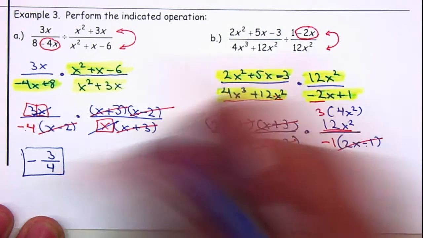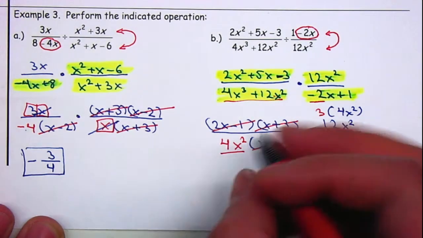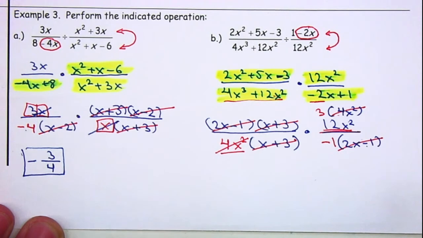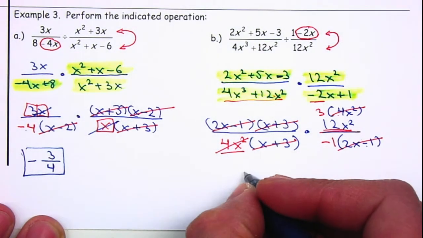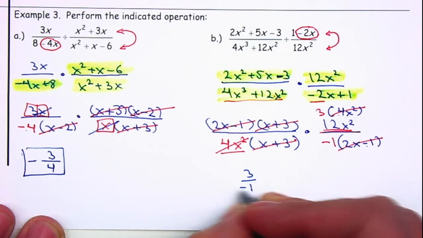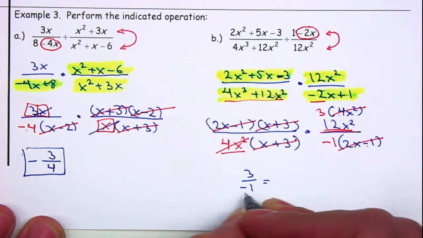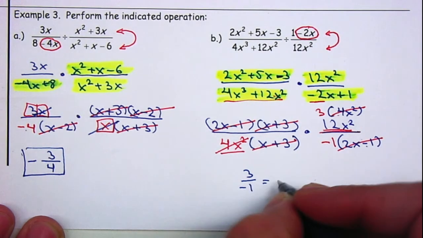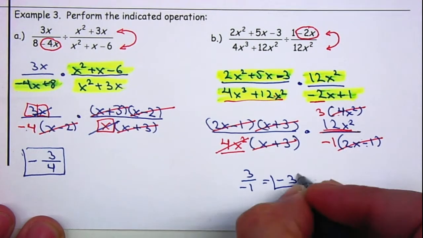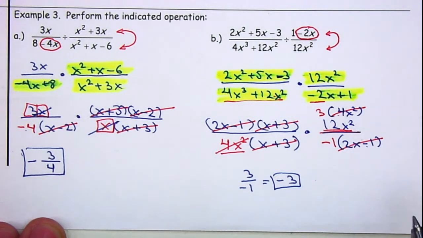This is the same thing. And now I can cancel the 4x squared and the 4x squared. So I just have 3 over negative 1. 3 divided by negative 1 is negative 3, and that'll be my answer.